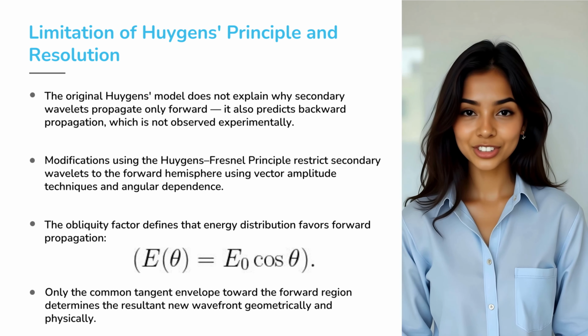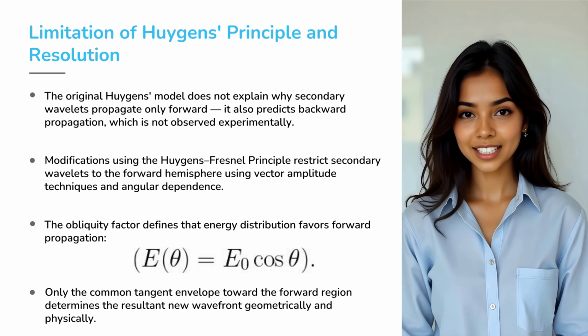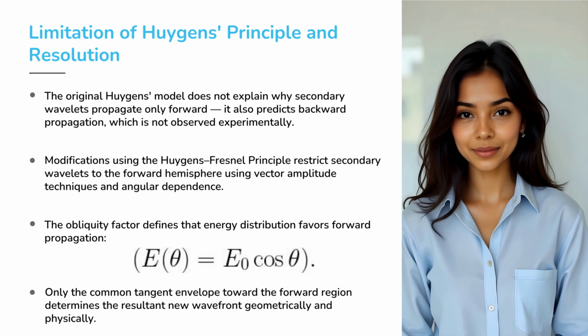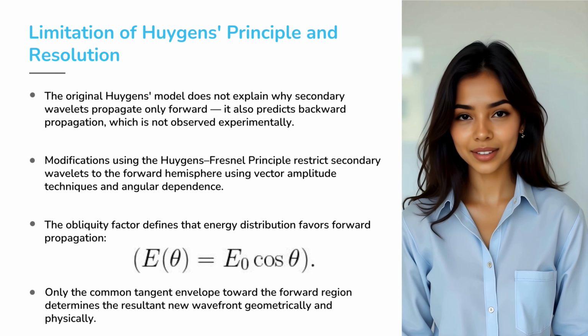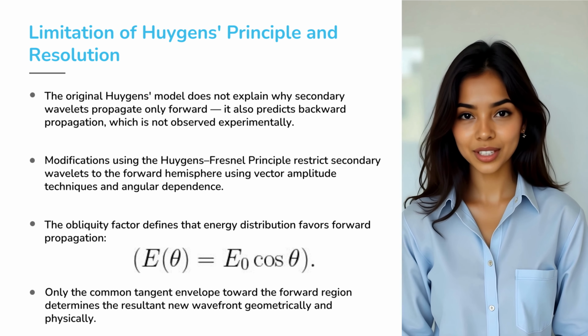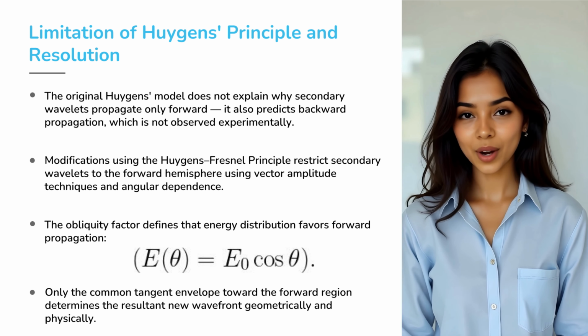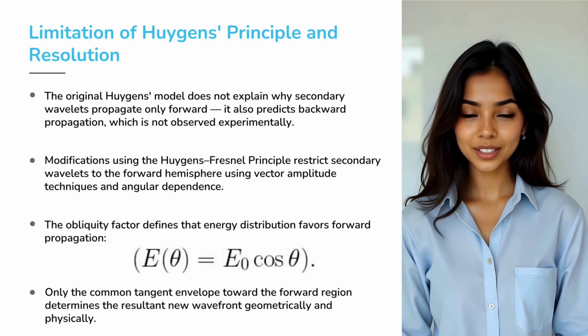Here's where things get interesting. Huygens' original idea ran into a bit of a puzzle. It predicted that these secondary wavelets should spread out in all directions, including backward, but in reality, waves usually move forward. So why don't we see waves traveling backwards?